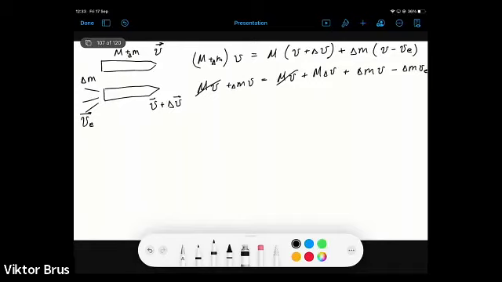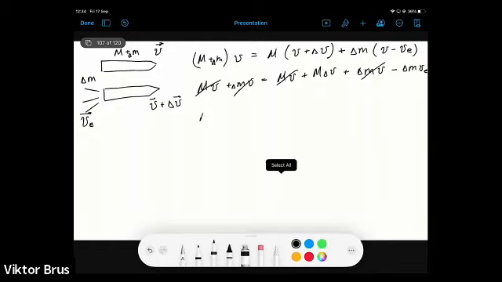We assume some cases when we burn the full amount of our fuel. So delta mv and delta mv is canceled out. And what do we have left?